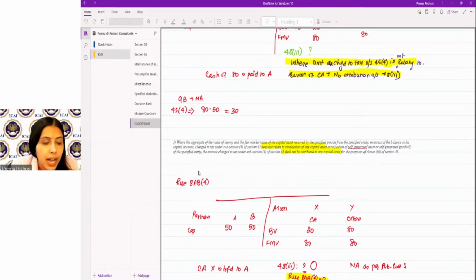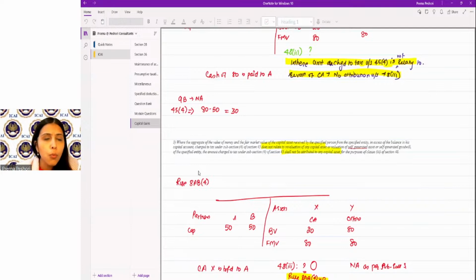Therefore, 48(3) will give you the deduction when the asset is transferred. So when this land is transferred, at that point in time, the amount which is taxed under 45(4), attributable to this asset, will be allowed as a deduction. Are we clear? Here there was a single asset, so there was no problem. Clear? This was example 1.